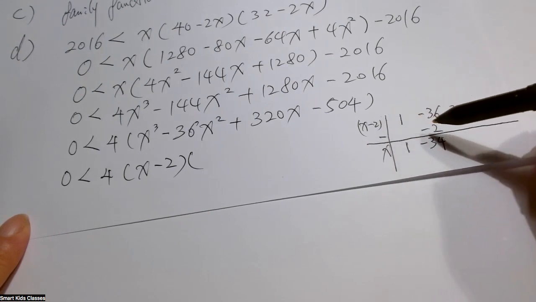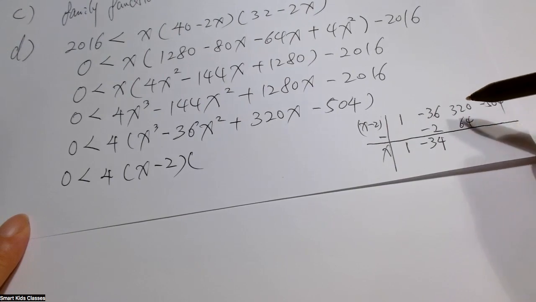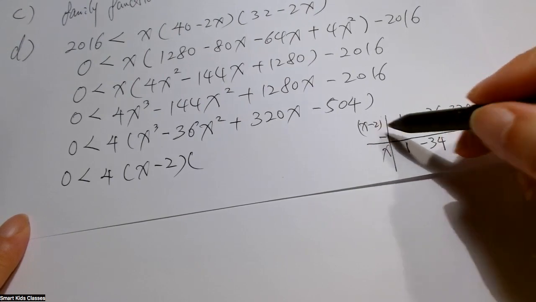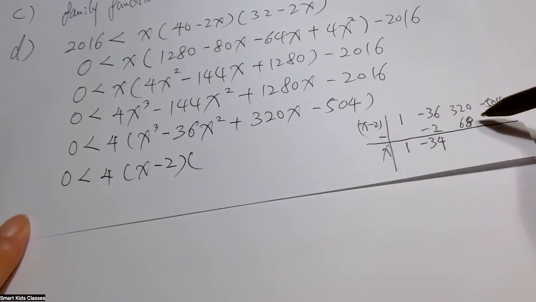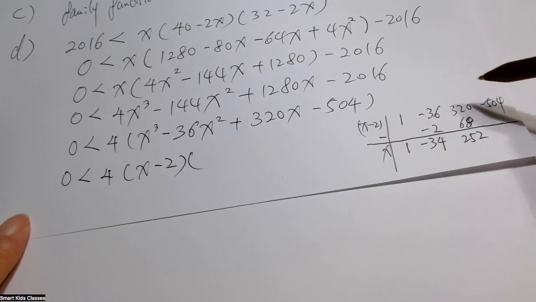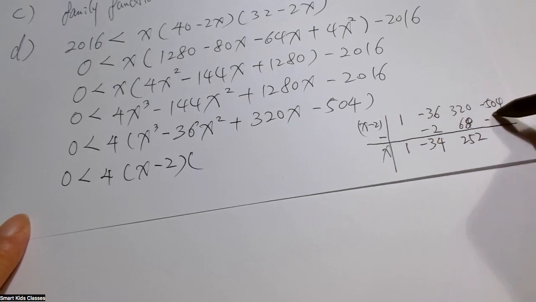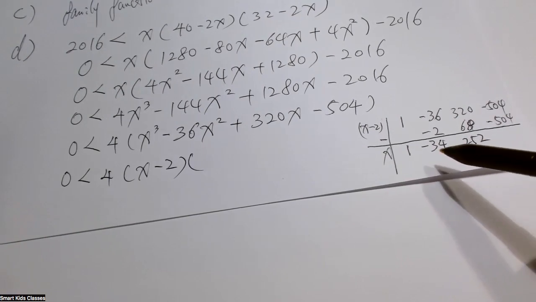Negative 34 times negative 2, we get positive 68. 320 minus 68, we are going to get 252. 252 times negative 2, we get negative 504. From here, we got no remainder. It fits. It's a factor.